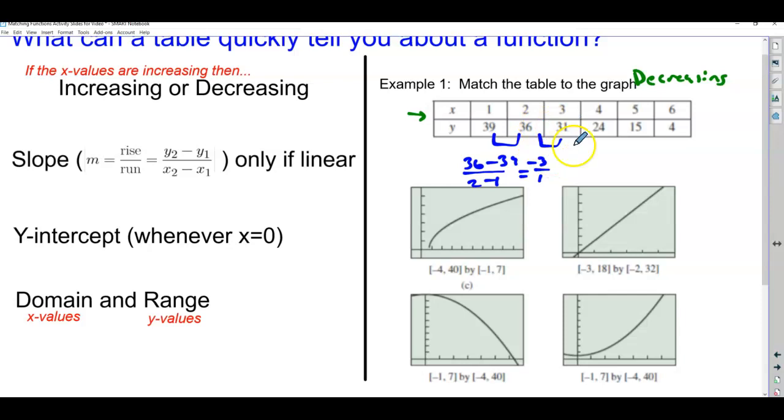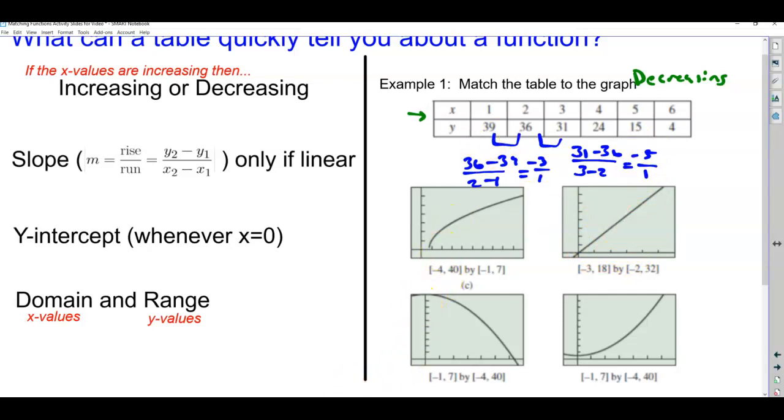What if I check the next pair? I do y2 minus y1 over x2 minus x1, and I end up with negative 5 over 1. Here you can clearly see the slopes are different, so this is not a linear function, which reduces out the option right here as a potential candidate for this table.